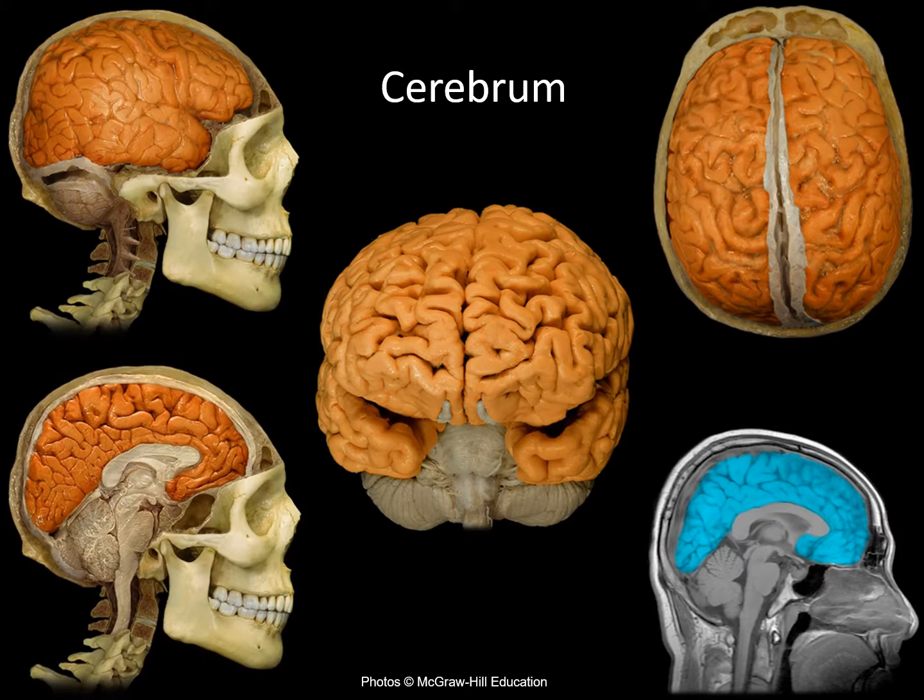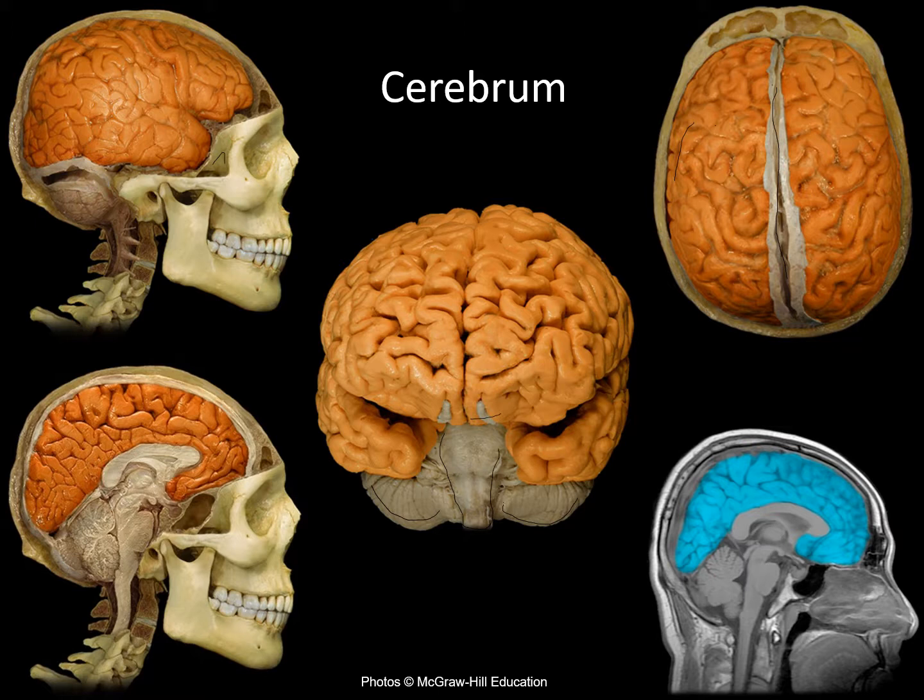So, various images of your cerebrum from the lateral view within the skull here. Superior view, you see the cerebral hemispheres here separated by the longitudinal fissure. This would be a view from the front of the brain, showing the cerebellum and the brainstem back here.